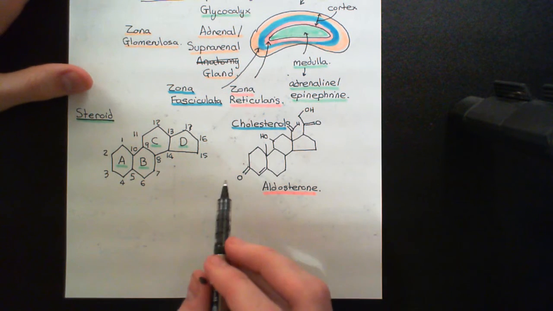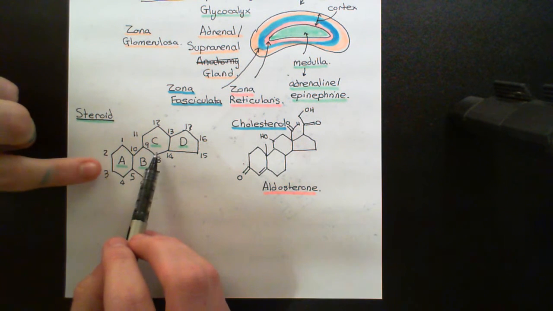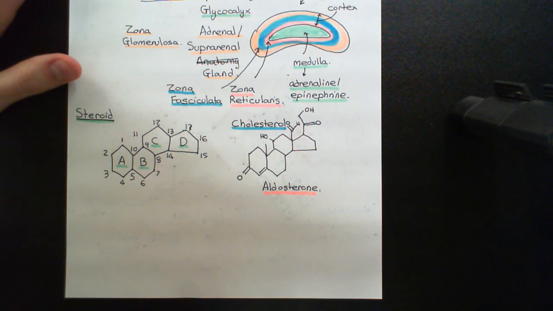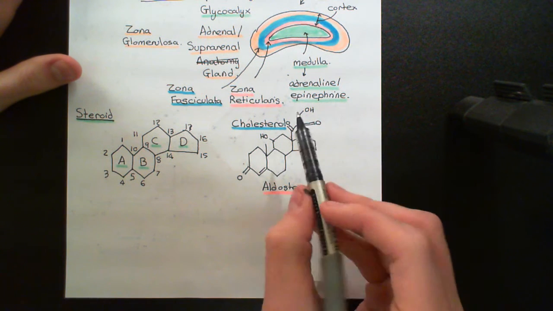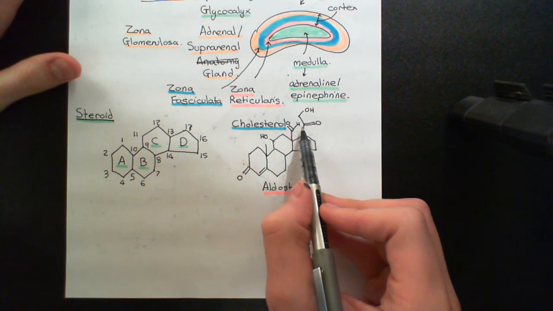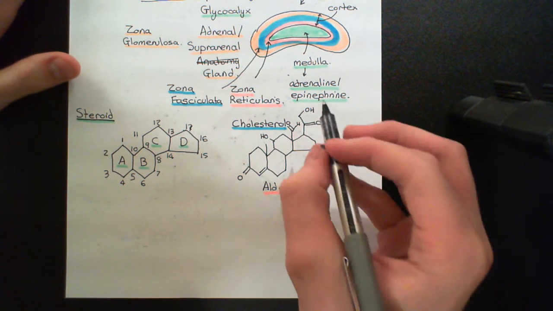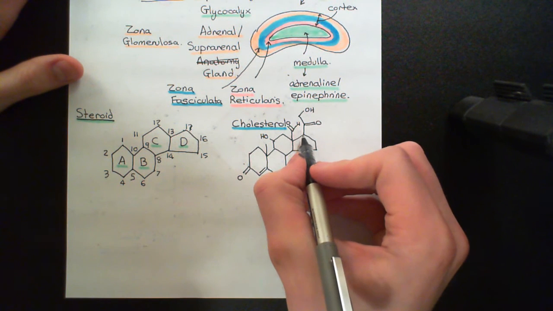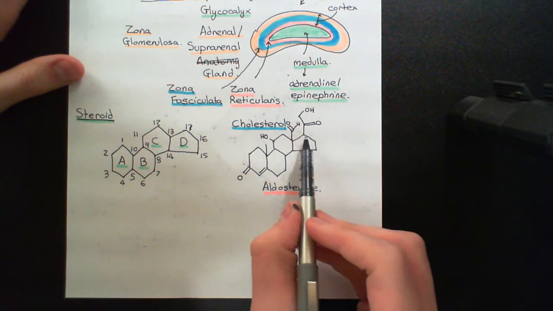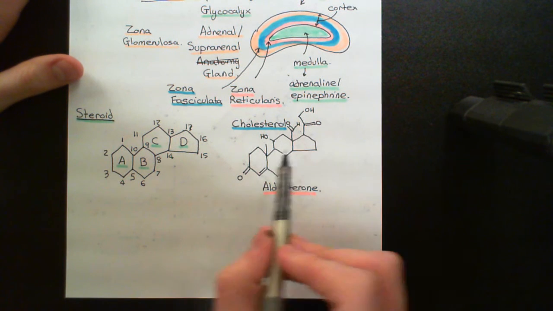So you can clearly see how it's very much based on this molecule, so we can call it a steroid hormone. Right, just to tell you how to number up the additional carbons that we put on here. We've numbered up all the carbons here. Okay, so the carbons of the rings remain exactly the same.